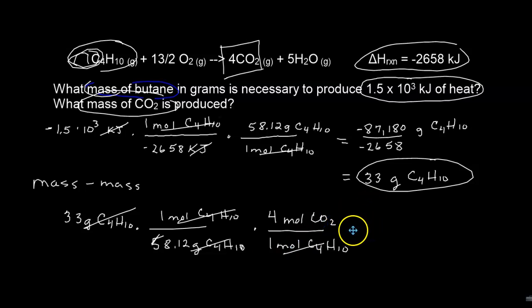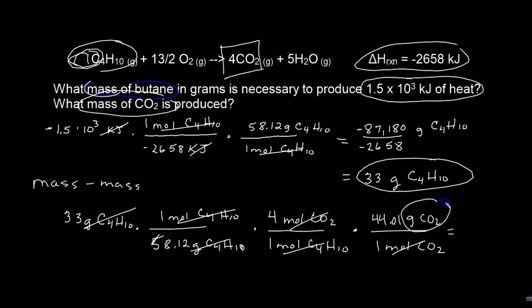And then it wants to know though how many grams, so we're going to now need to do a gram. So 1 mole of carbon dioxide is how many grams of carbon dioxide. So figure out what is the molar mass of carbon dioxide. Okay, and it should be 44.01. Again, cancel your moles, and now I am left with grams of carbon dioxide, which is what I need.